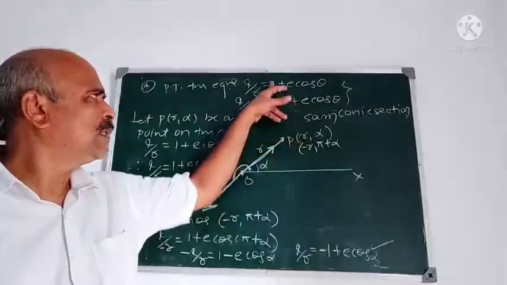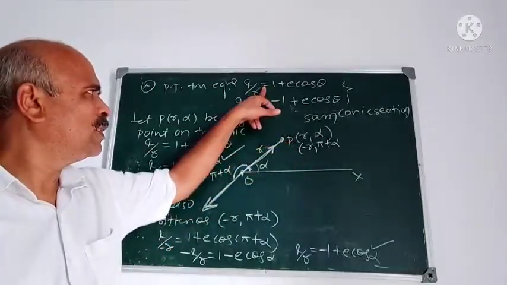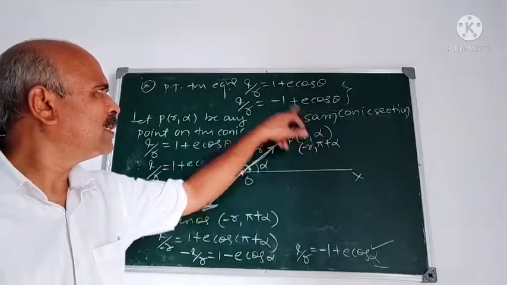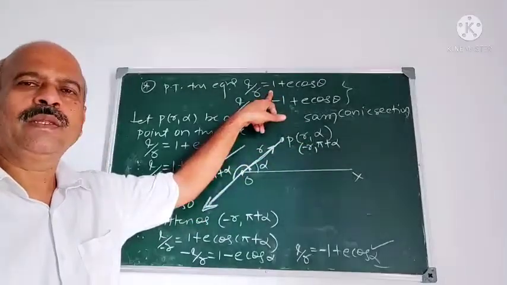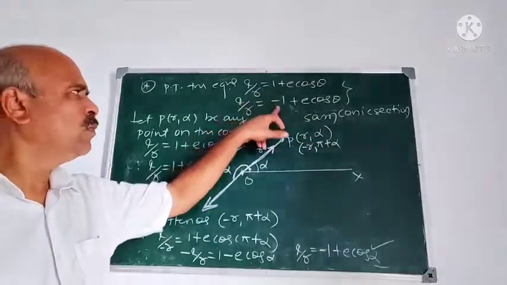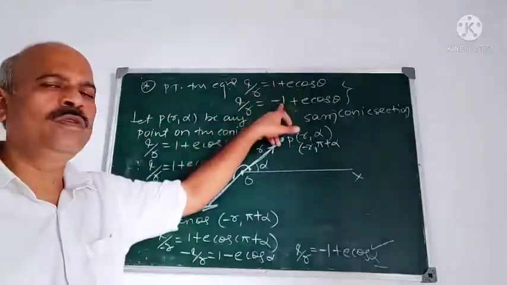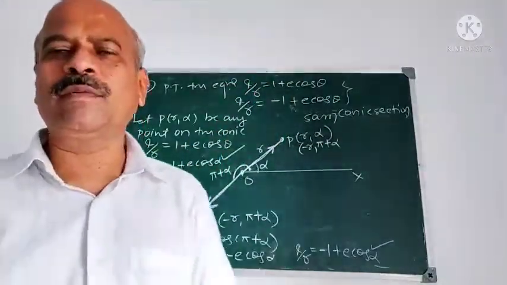They do not represent different conics, they are the same. Because if (r, alpha) is a point on this, then (minus r, pi plus alpha) represents the same point. Therefore, (minus r, pi plus alpha) also satisfies this, and then we get the equation as minus 1 plus e cos theta. Therefore, these two represent the same conic section.